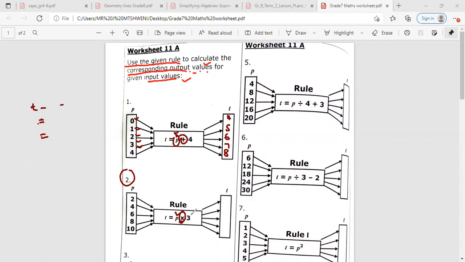So wherever there's P, we replace, but now we multiply. So it's going to be 2 multiplied by 3, whereby you get 6.